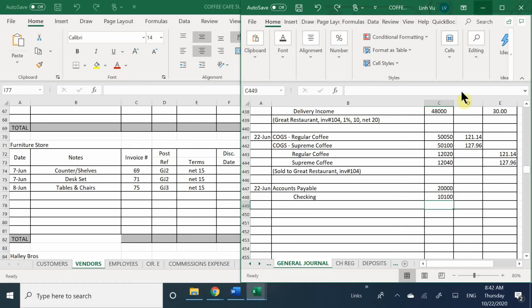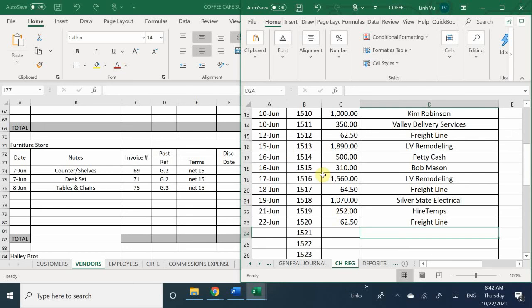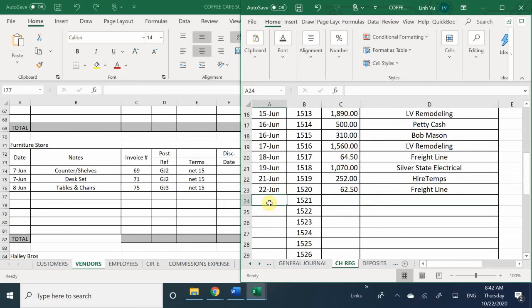Then we go back to the journal, and we put in for accounts payable 2428.67, and checking is the same. Check register: $2428.67, furniture store.